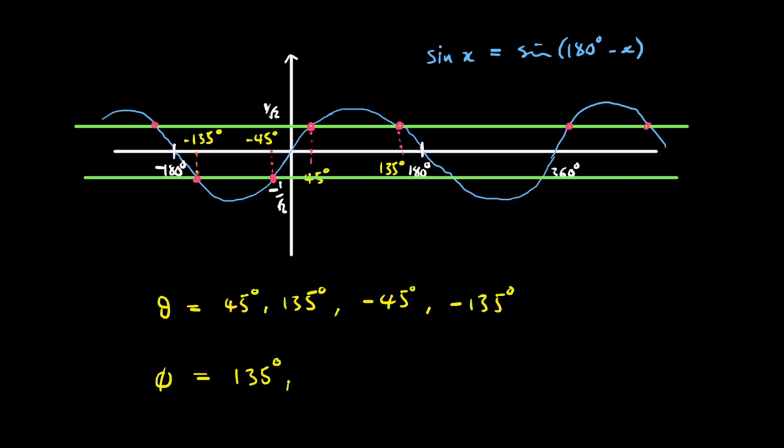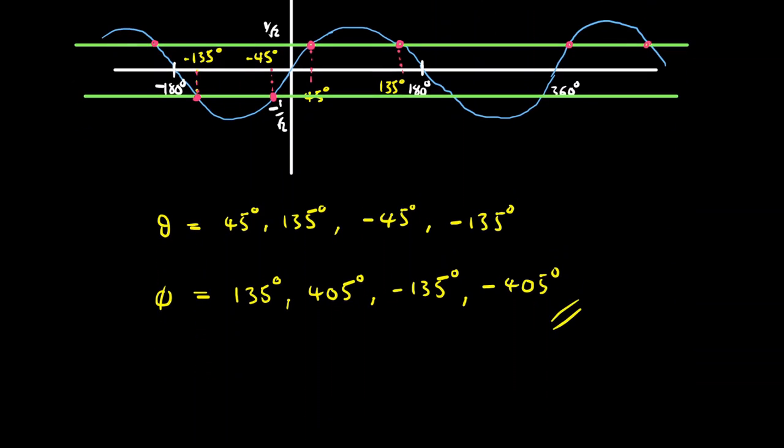And 135 gives 405. And minus 45 gives minus 135. And minus 135 gives minus 405 degrees. Okay, so that should be your four values that are within the range of minus 540 and positive 540.